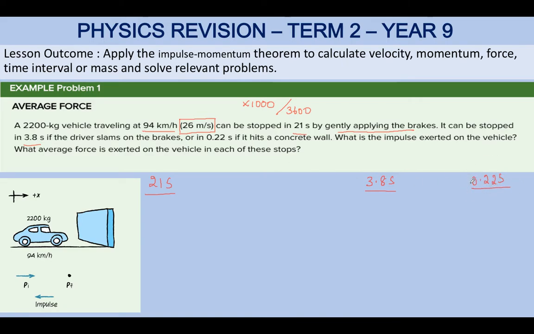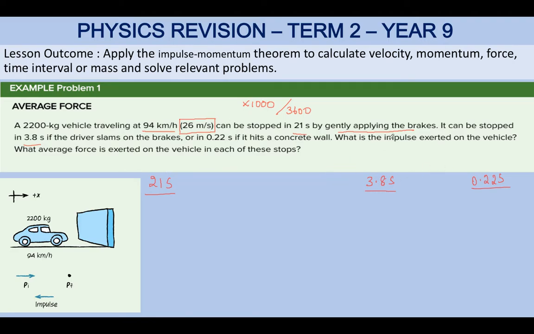That's like if it meets with an accident, it might come to an abrupt stop, so less than a second, or a sudden application of the brake would take approximately 3.8 seconds, or a very gentle slow stop could take 21 seconds. So those are all the information given to you.